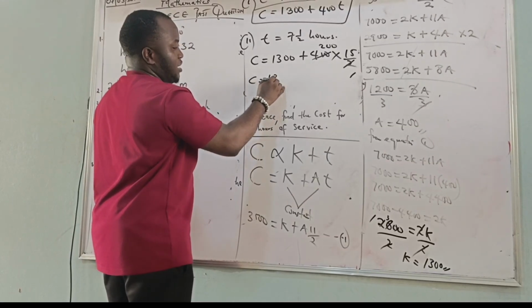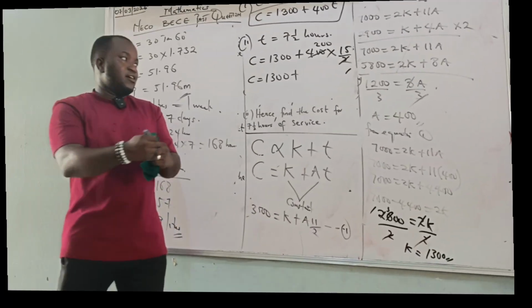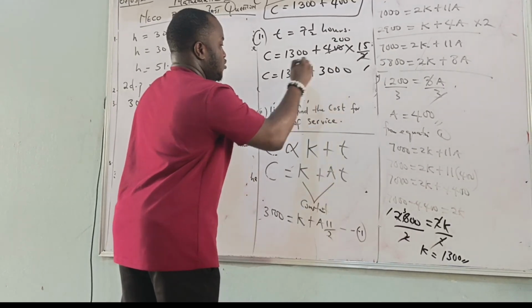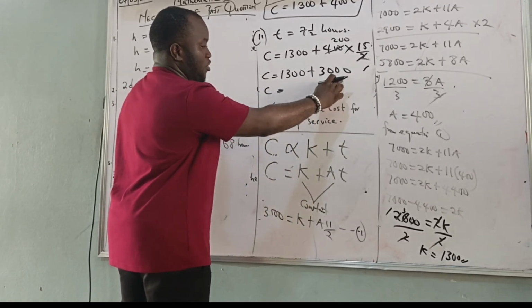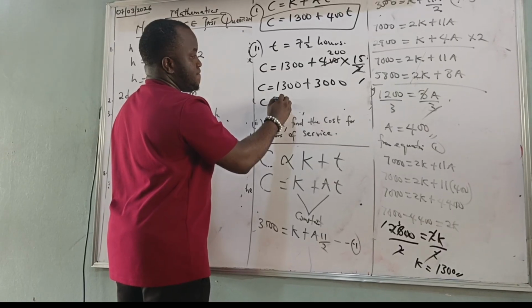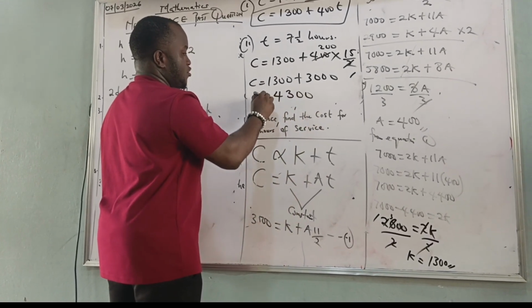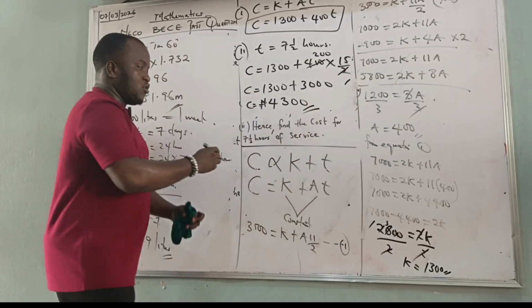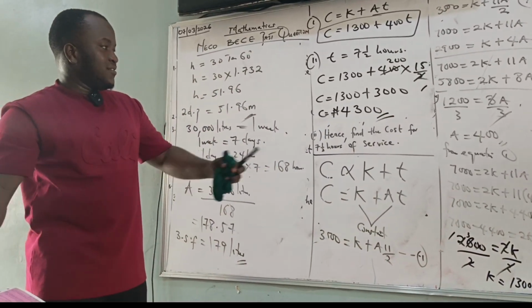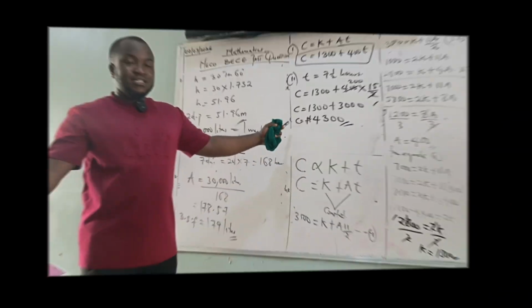So C equals 1,300 plus 200 times 15, which is 3,000. So C equals 1,300 plus 3,000, which is 4,300. So that is the answer for question 2, find the cost for 7.5 hours.